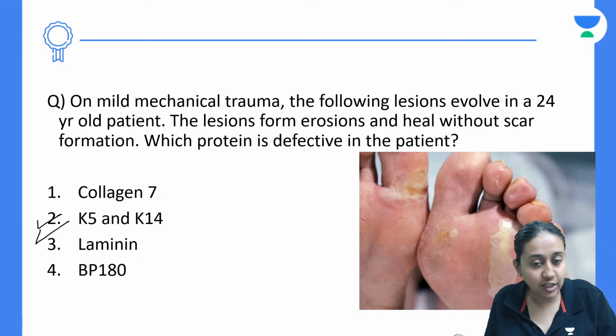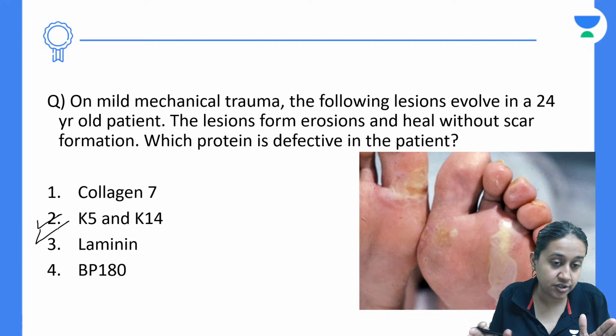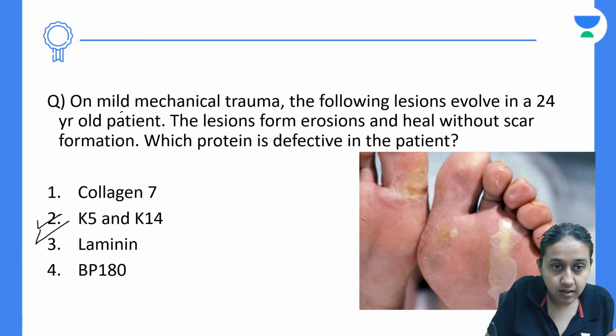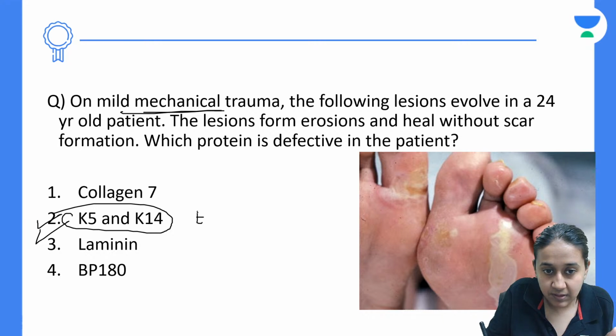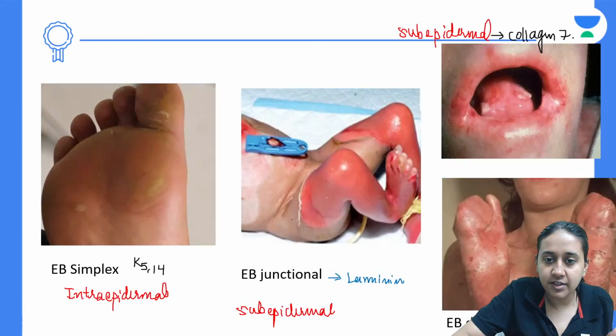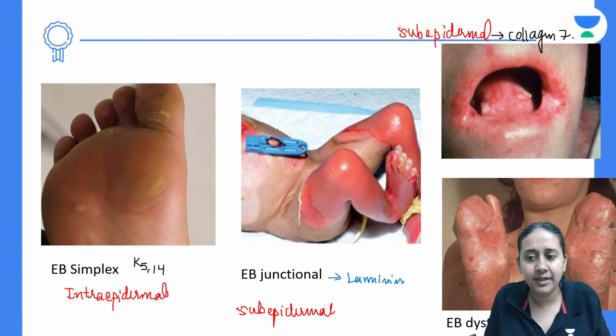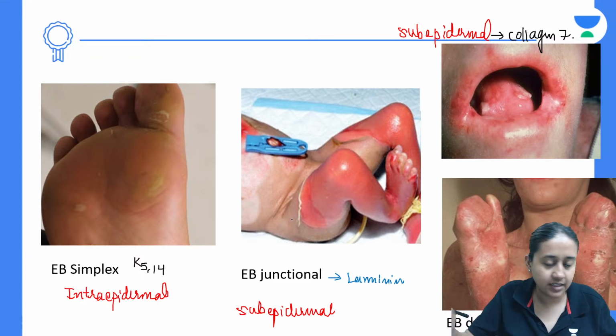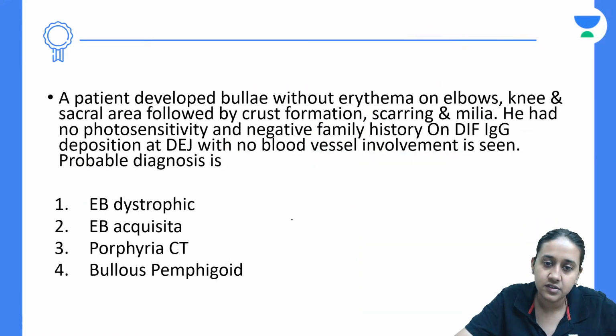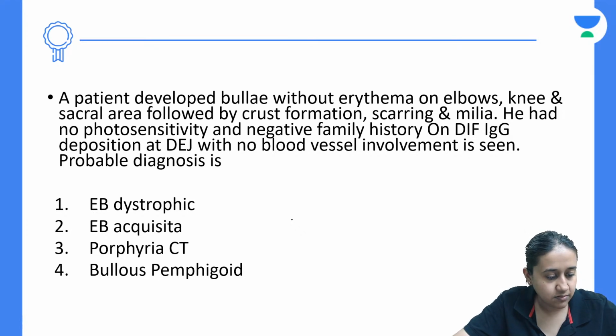You can see that we have a very localized lesion in an adult patient. The localized presentation gives you an idea that this is EB simplex. In EB junctional and EB dystrophic, you will see a more widespread involvement, early in life. So that is how you can differentiate these three conditions from each other. Moving to the next question.